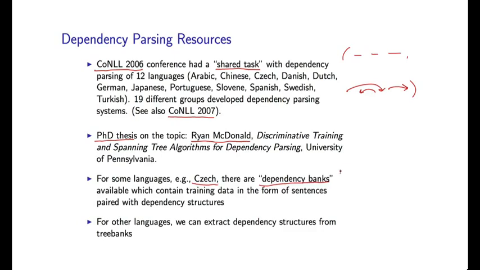So you can think of this as an analog to a tree bank. We had seen, for example, the Penn Wall Street Journal tree bank, where people had annotated constituency trees. In some cases, for various languages, rather than annotating these kind of constituency trees, they directly annotated these dependency structures.